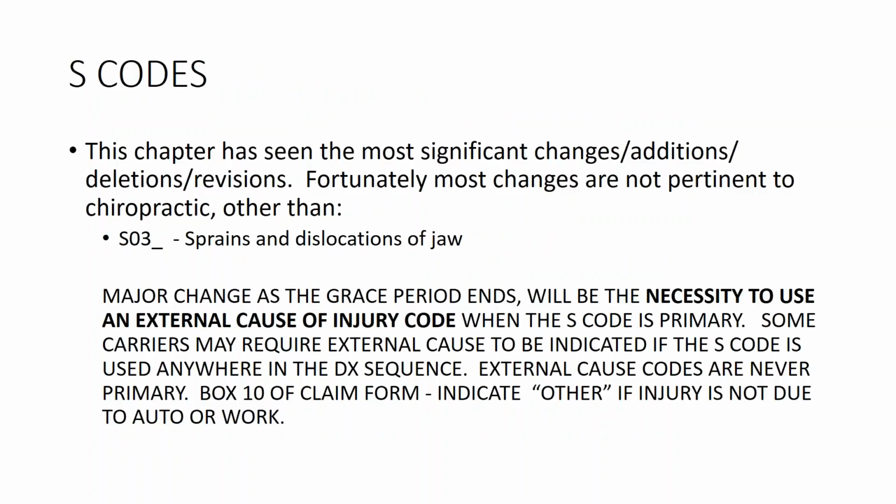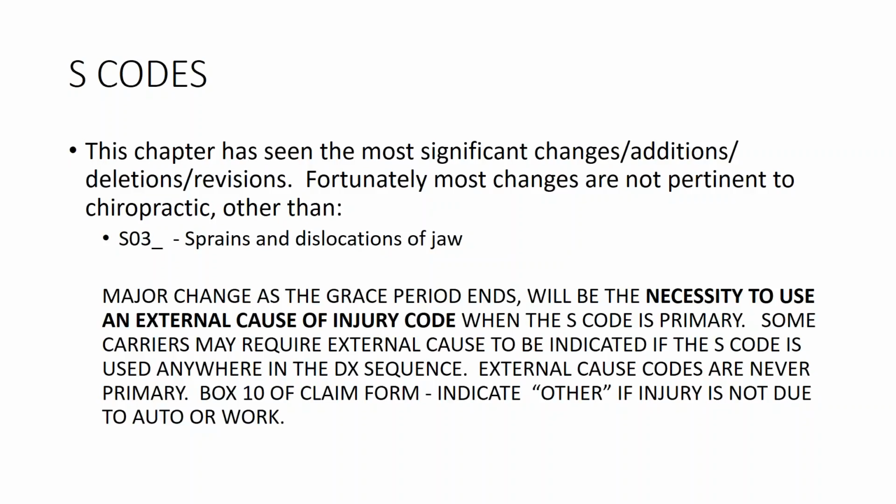All right, so let's talk about the S codes. This is the chapter that deals with our sprains and strains. These were the 847 codes in ICD-9, and the 800 codes were codes that related back to injury and poisoning. The S codes relate back to chapter 19 of the ICD-10 code book, and it relates back to injury and poisoning.